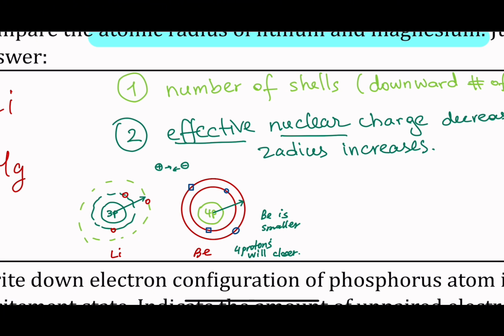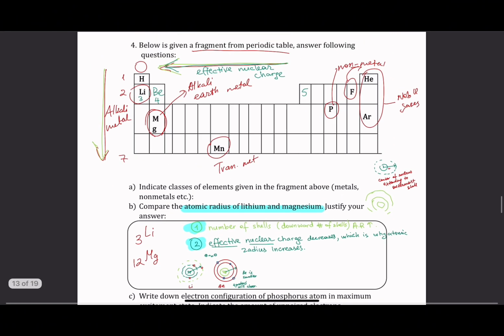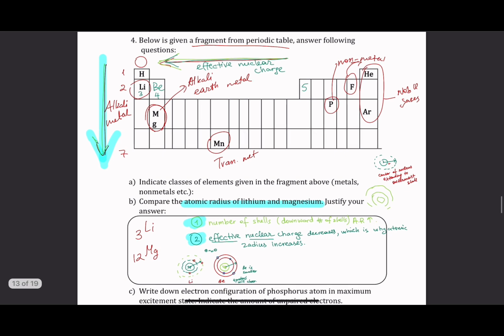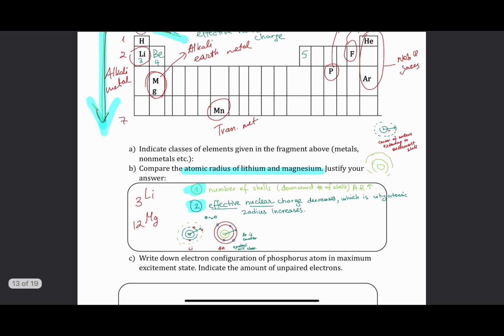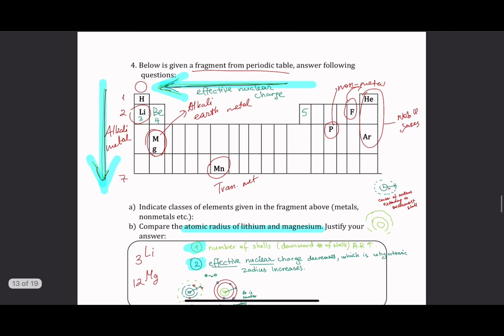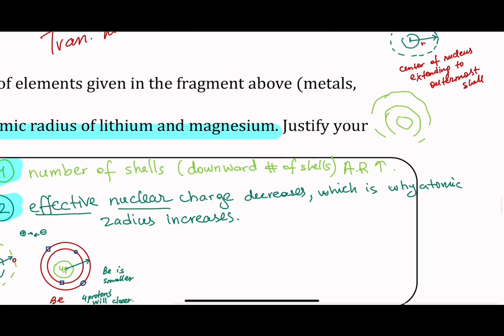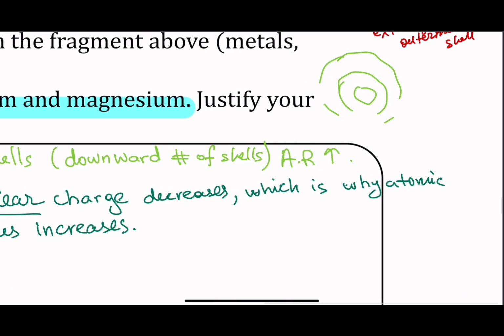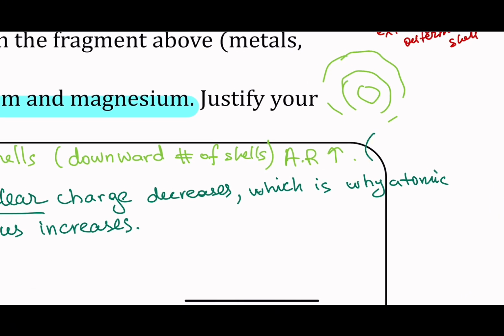Now we have two factors here: one is the number of shells and the other is effective nuclear charge, right? As we go downwards, the number of shells increases, that's why atomic radius increases. As we go towards the left, effective nuclear charge decreases, which is why atomic radius increases. But when you compare the two, the first factor is much more influential.